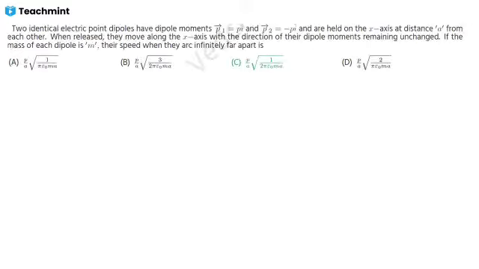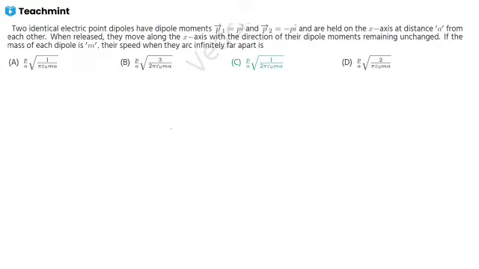Next question. Two identical electric point dipoles having the dipole moments P1 and P2 are held on the x-axis at a distance of a from each other. When released, they move along x with the directions of the dipole moments remaining unchanged. If the mass of the dipole is m, then their speeds when they are infinitely far apart is?